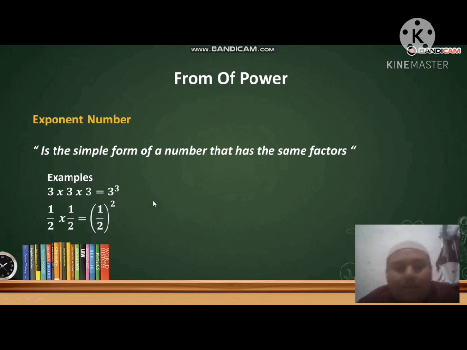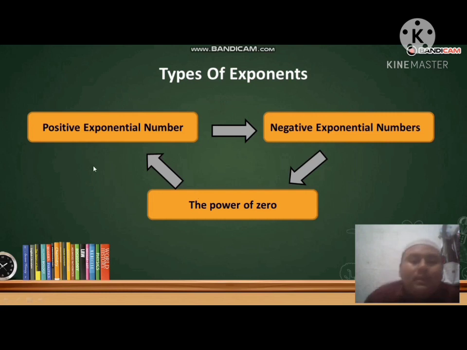Okay friends, the next material. Types of exponents. Types of exponents are divided into 3 parts, including the following. Number 1, positive exponential numbers. Number 2, negative exponential numbers.